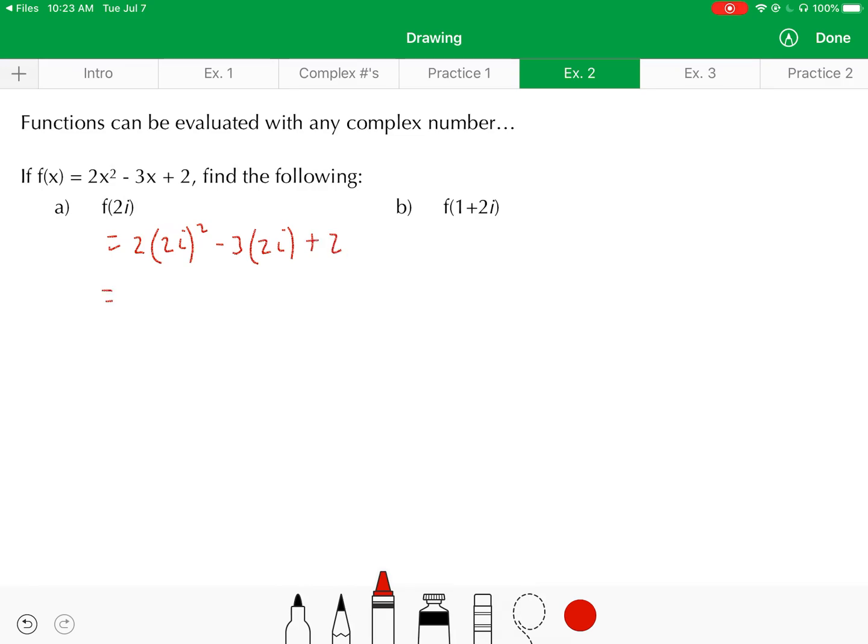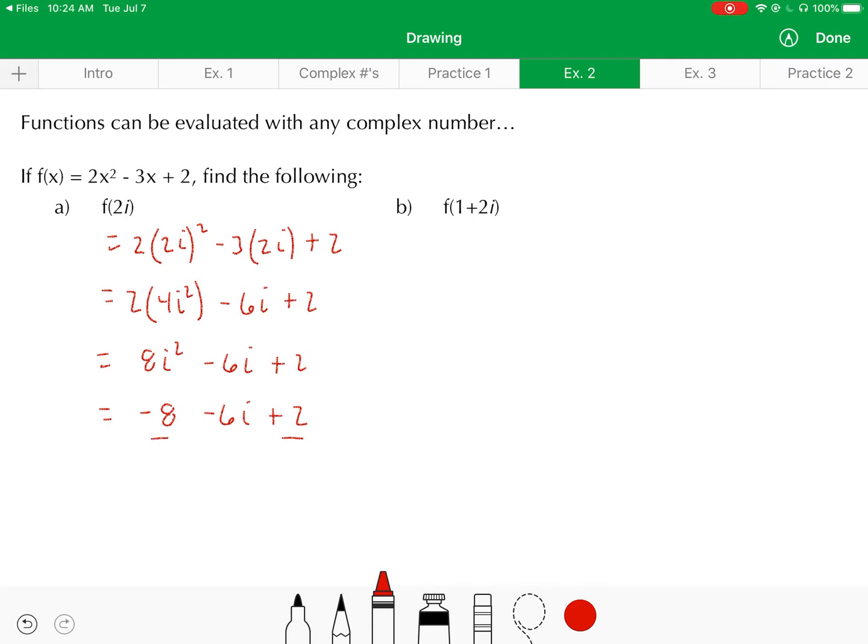Okay, so 2i, if I raise that to the second power, that's going to become 4i squared. 3 times 2i is going to be 6i. 2 times 4i squared will become 8i squared. Right, and then 8i squared really becomes negative 8 because of the fact that i squared is equivalent to negative 1, right?